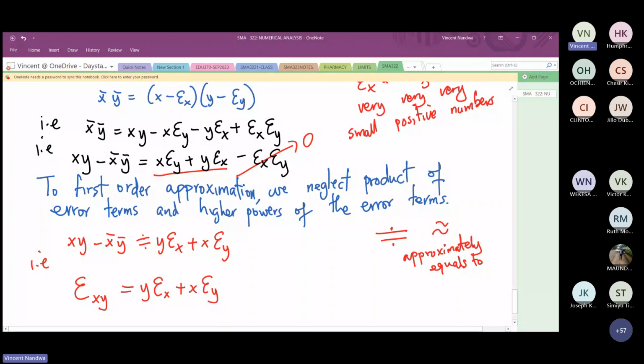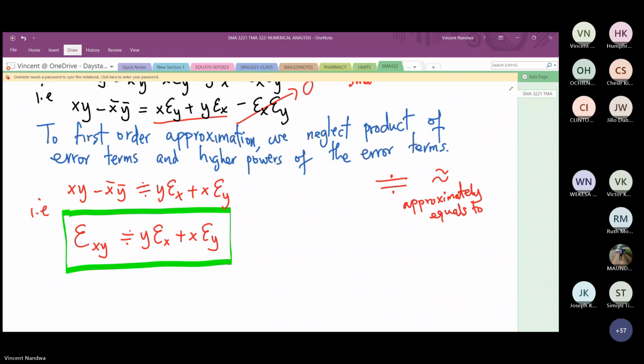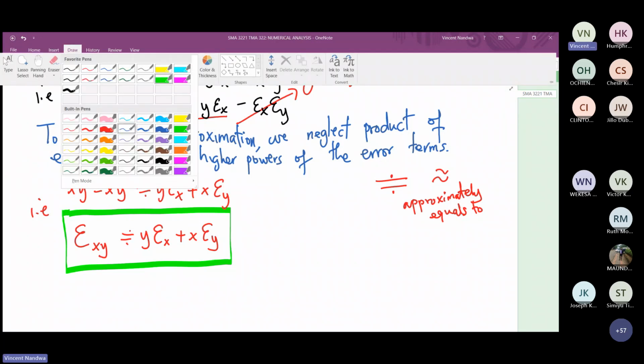We can write equals to, or approximately equals to. All of them will still be allowed. So this is the formula we use when we want to compute the error in the product of two quantities.